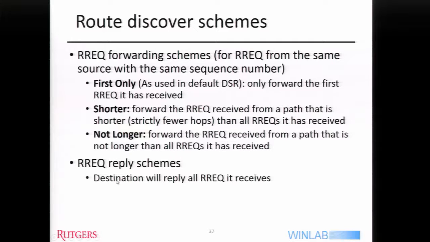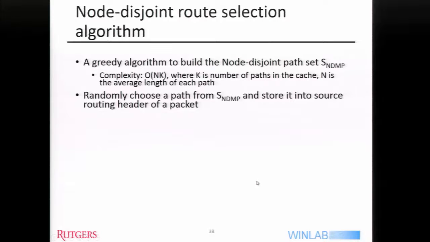And the destination will reply to all the route requests to the source, so the source can discover multipaths from the source to the destination. After the source finds the multipaths, we propose a low complexity grading algorithm to select the node distron path from the multipaths discovered.